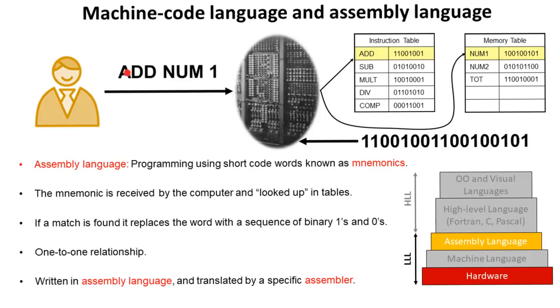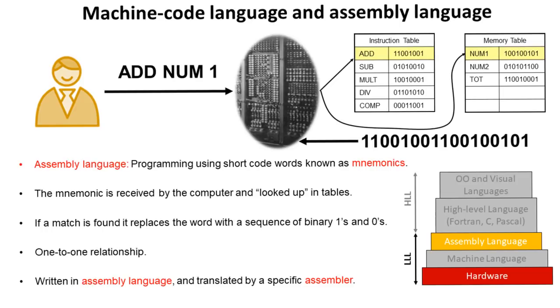When the mnemonic is received by the computer, it's looked up in a table for that processor. If a match is found, it replaces the word with a sequence of ones and zeros. This is the actual machine-specific machine code which will need to be run on the hardware. There's a direct one-to-one relationship between the mnemonic and the machine code.